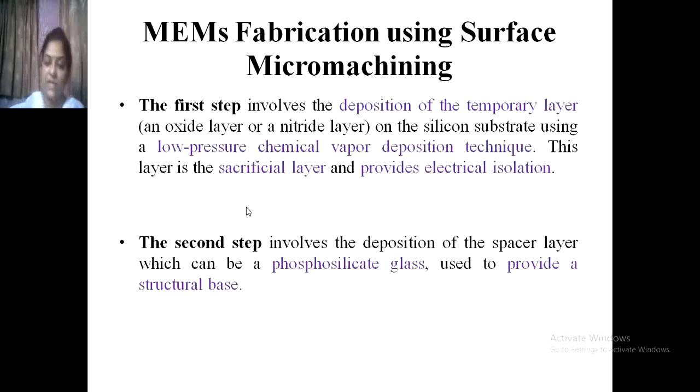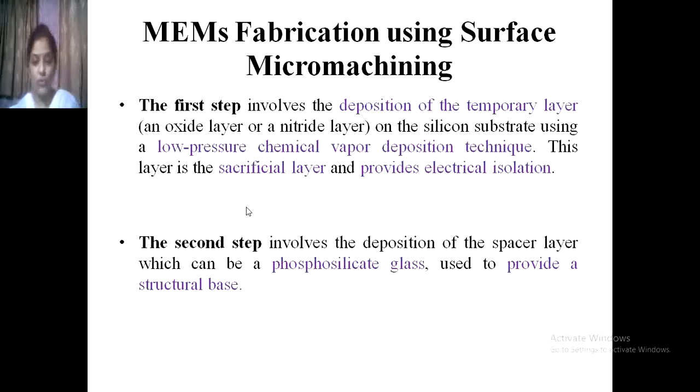Then the second step involves the deposition of the spacer layer, which can be phosphosilicate glass. Phosphosilicate glass is used to provide a structural base.